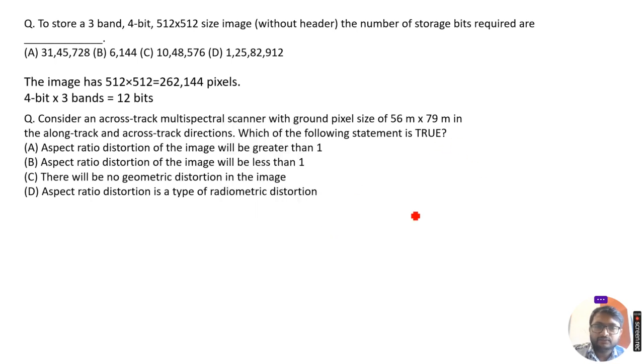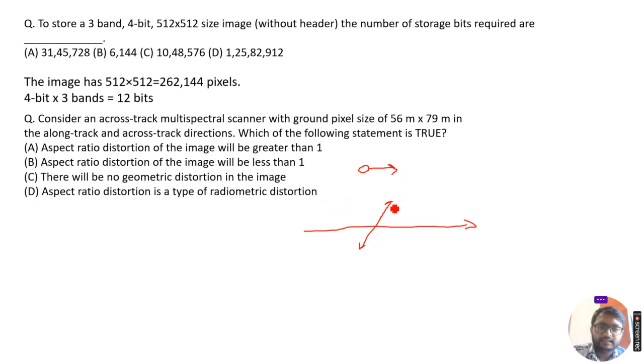If the satellite is going in this direction, this becomes the along-the-track direction, and the direction on the ground which is transverse, or 90 degrees to it, becomes the across-the-track dimension.